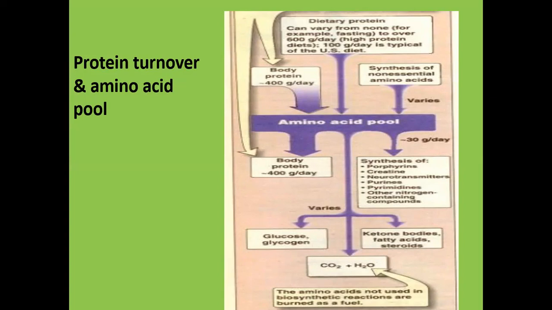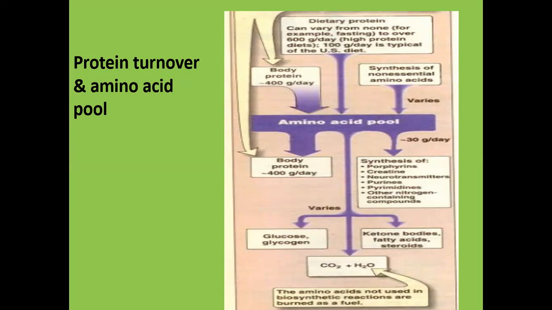So the half-life of proteins varies over a wide range. The half-life of collagens is approximately 1000 days. The half-life of the lens protein crystallin is lifelong, the life of the organism.